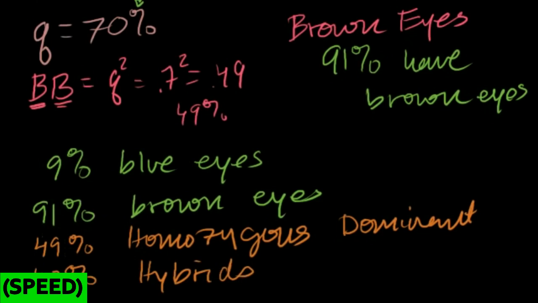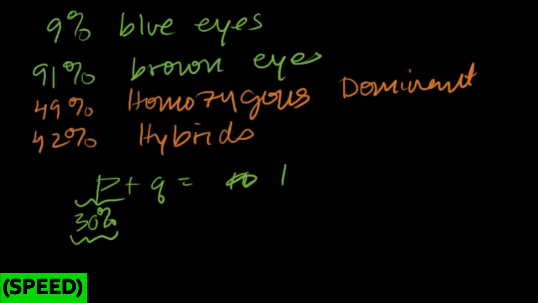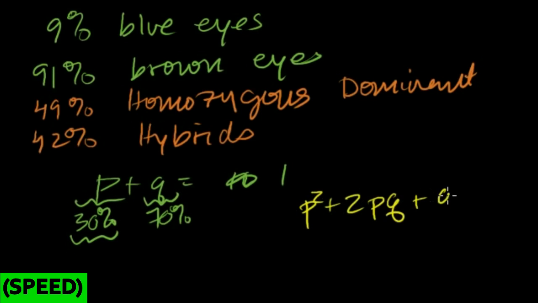And if we go back to the Hardy-Weinberg equation, we see that P plus Q has to be equal to 100%, or I could just write 1. And we figured out that P was 30%. That's the frequency of the blue-eyed allele, the actual trait, not the observation of it or the genotype. And the frequency of the brown allele was 70%. And then this is actually a breakdown when you square that. So we also know that P squared plus 2PQ plus Q squared is equal to 1. This is the percentage of the population that has blue eyes.